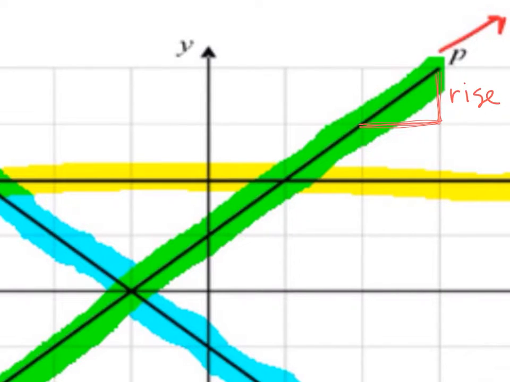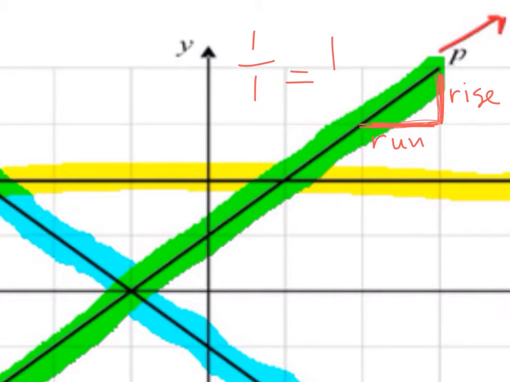So we can see we have a rise of 1. And the run is how many steps across. So we can see we have a run of 1. So rise over run is going to be 1 over 1, which is equal to 1. And again, this line is going uphill, so it's +1.